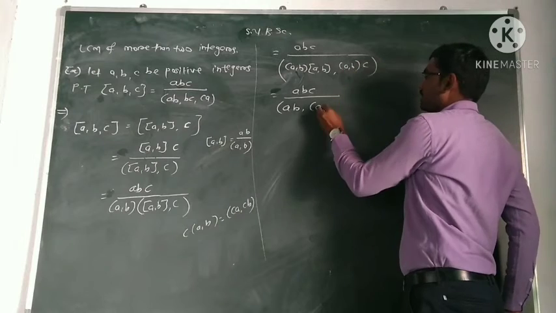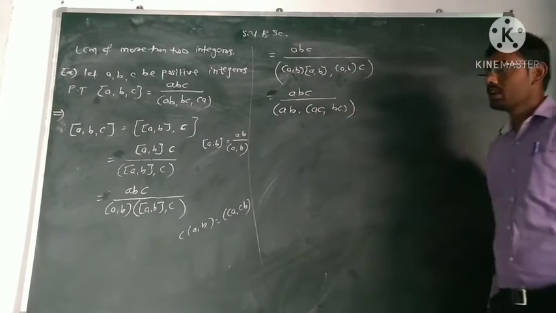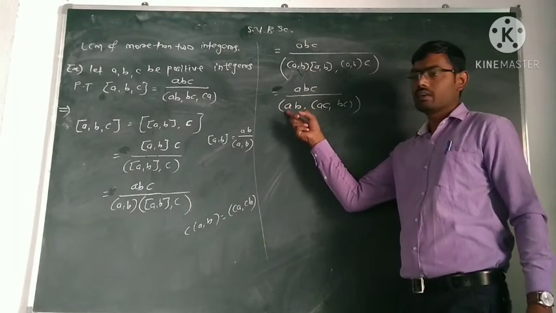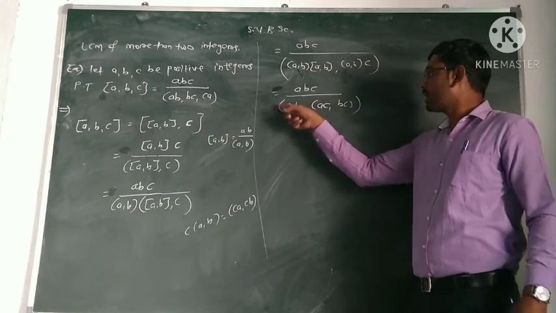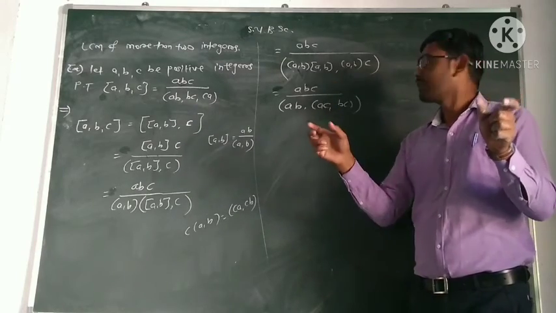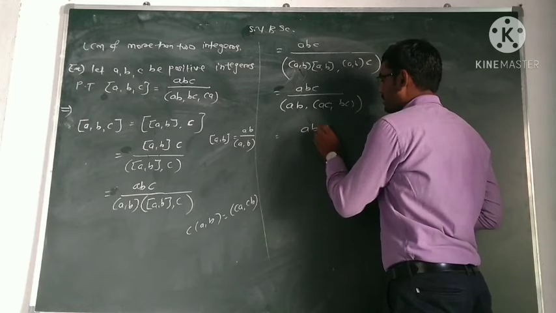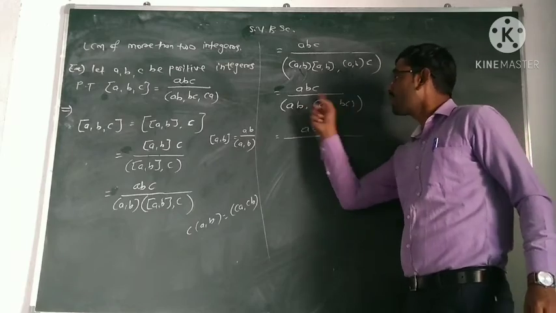So A into C with GCD with B into C. Again, the GCD of two numbers with a third number is always equal to the GCD of these three numbers. We know the GCD of three numbers is equal to the GCD of one number with the GCD of the other two numbers. This is the same as ABC as it is.